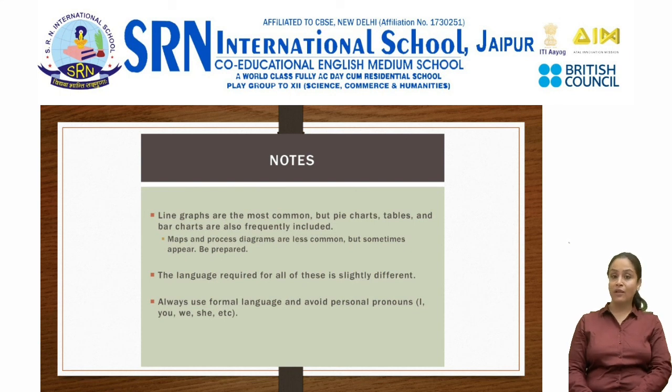And always when you are attempting task 1, use formal language and avoid the usage of personal pronouns or the informal tone. So personal pronouns like I, you, we, she, etc. should be avoided, because remember in task 1 you are not giving your viewpoints, but just describing the trends of that particular question.